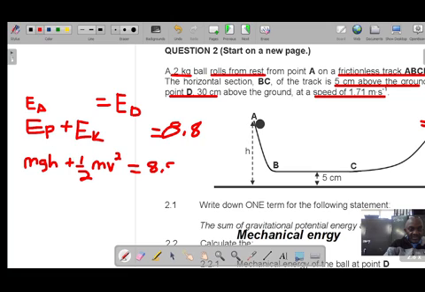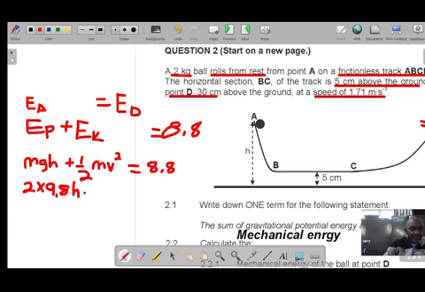Let me now substitute. They said that the mass is 2, so I'm going to say 2, multiplied by our gravity, 9.8, then times the height h, which I'm looking for.